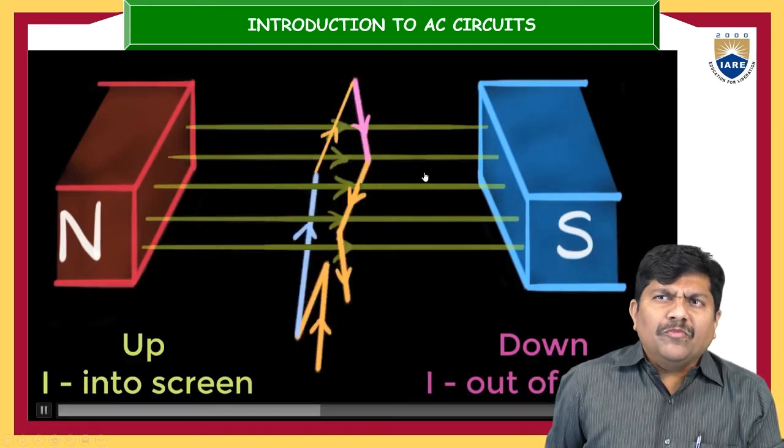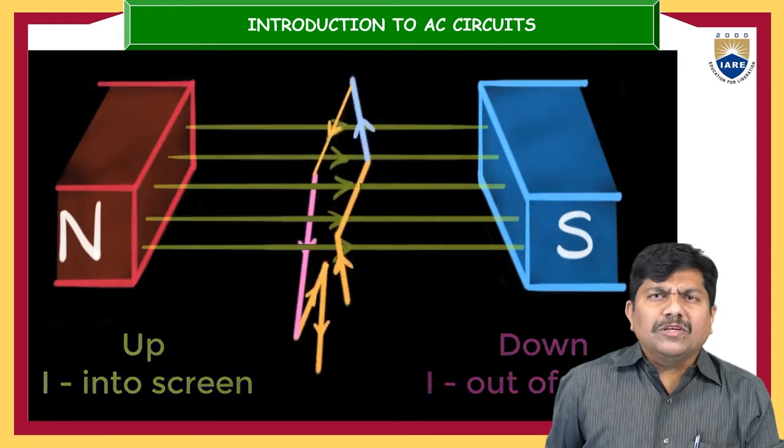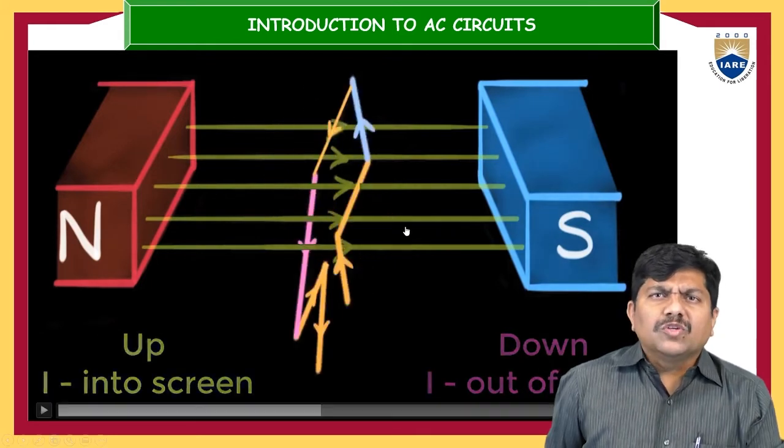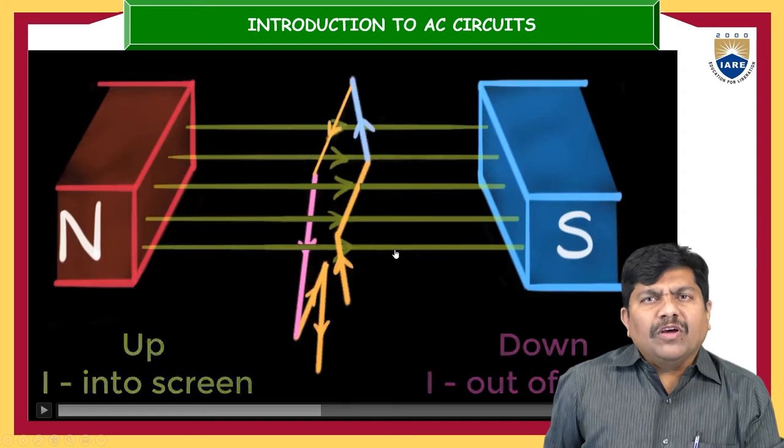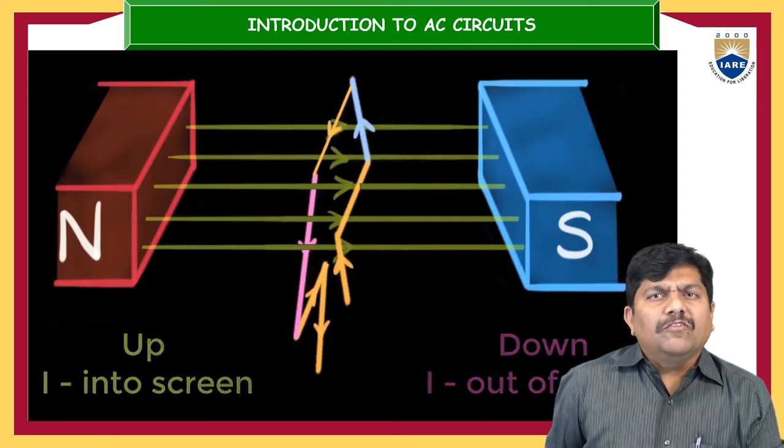So if you observe the complete cycle, for 0 to 180 degrees the current direction is positive, it means the current is in one direction, and from 180 to 360 degrees the current direction will be changed. So in one complete cycle, for 180 degrees the current is positive, and from 180 to 360 degrees the current is negative.